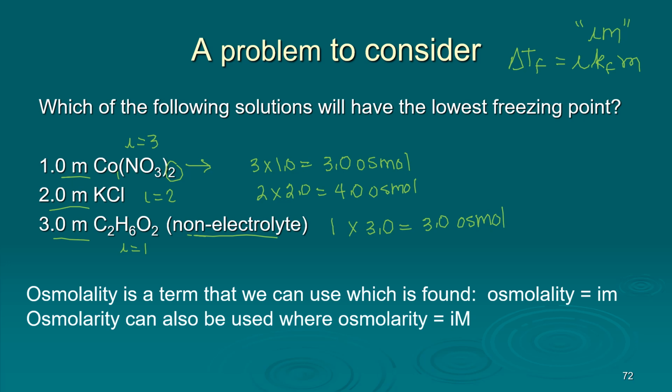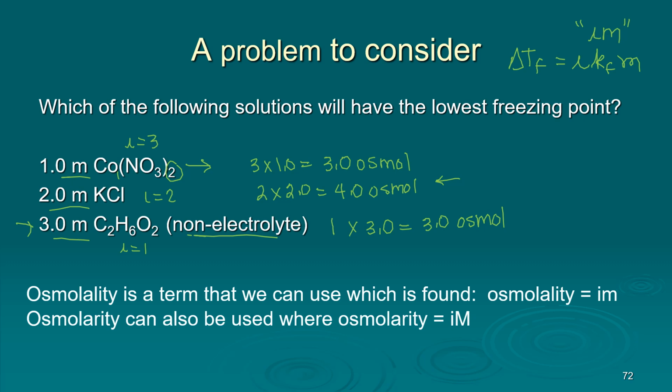At first glance, you might say, well, of course this has the lowest freezing point because it's the most concentrated. But in fact, the KCl will have the lowest freezing point because it's the most concentrated in particles, because of the little i. And the calcium nitrate is actually the same as the ethylene glycol antifreeze.